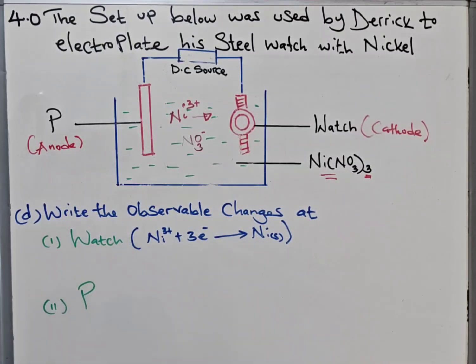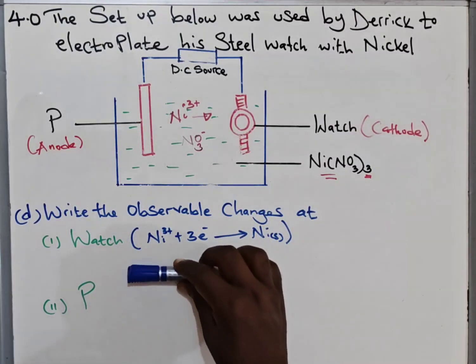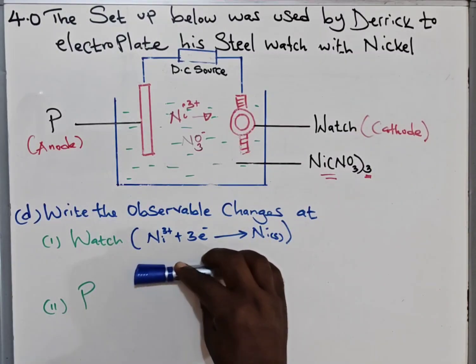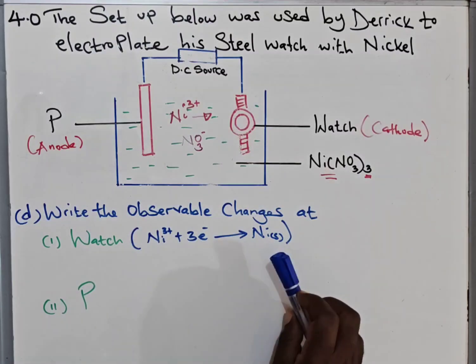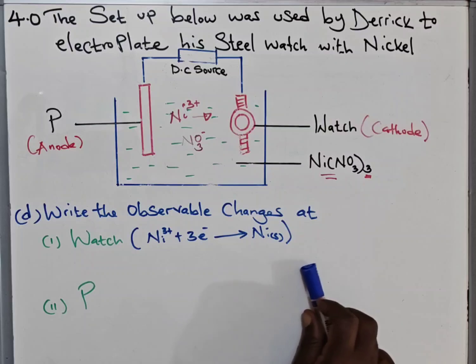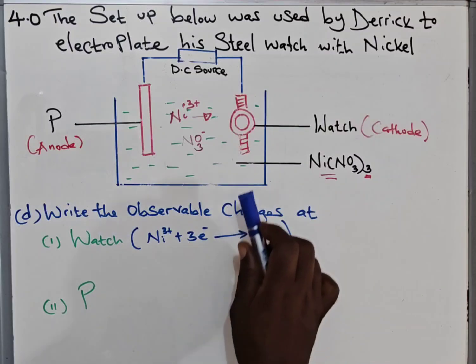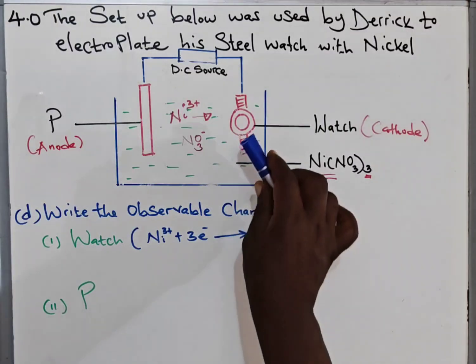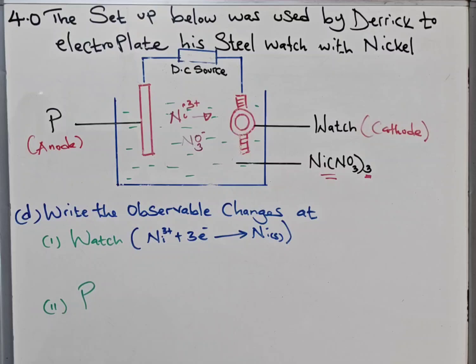Now, this reaction gives us the information as to what we observe. Every time you have nickel as a solid on the product side, it implies that the mass of the watch or the size of the watch increases. So what are you going to say? The mass of the watch increases.